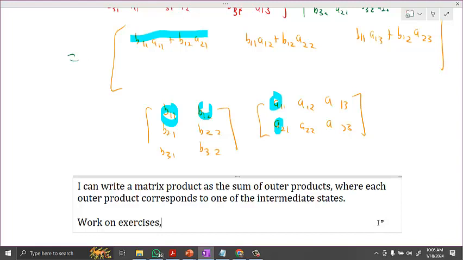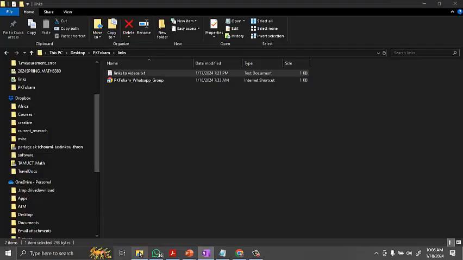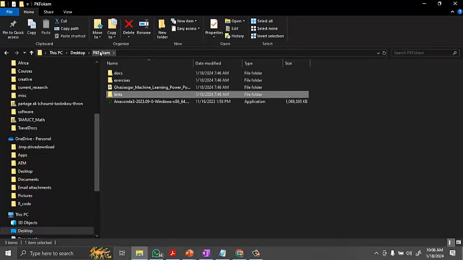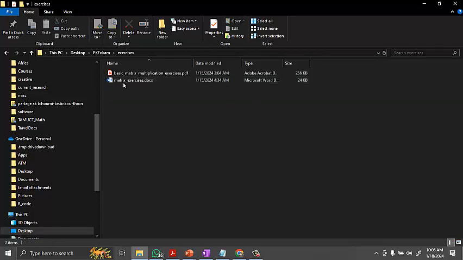And the exercises are here. If you have the copy of the material, the exercises are under exercises, and it says matrix exercises. Now I can also show these on the screen.